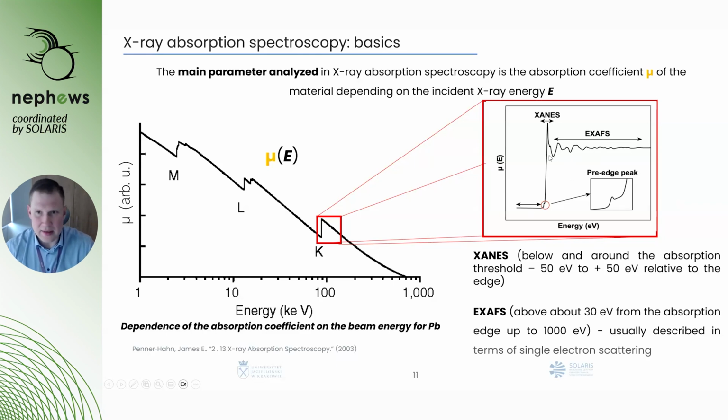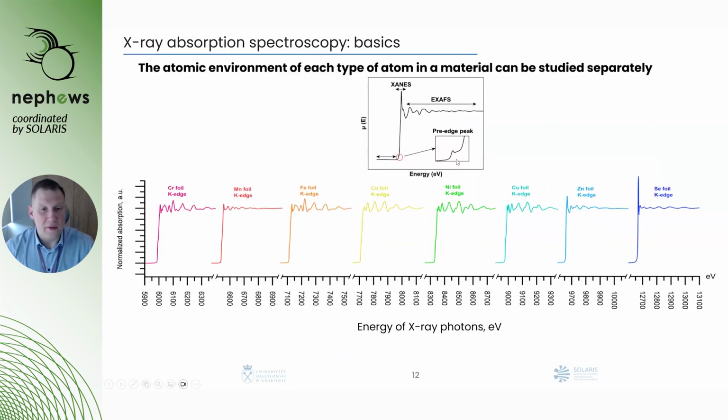We will discuss why such a complicated structure appears, but for now we just need to understand that analysis of these oscillations, which we can see here, allows us to investigate the local structure and electronic structure of the materials. What is also very important, these absorption edges or absorption spectra are specific to each chemical element.